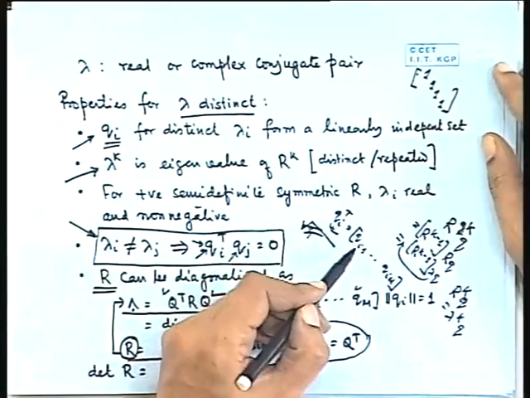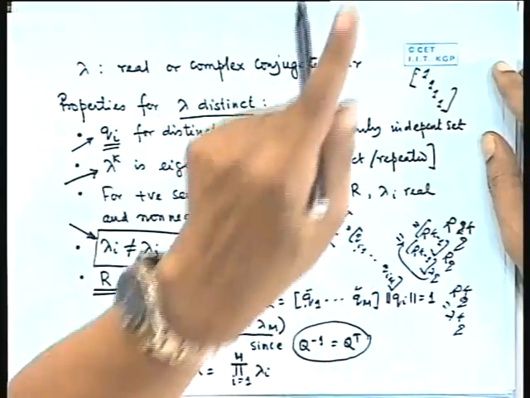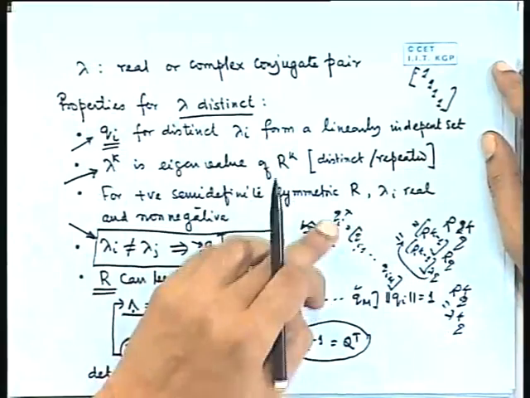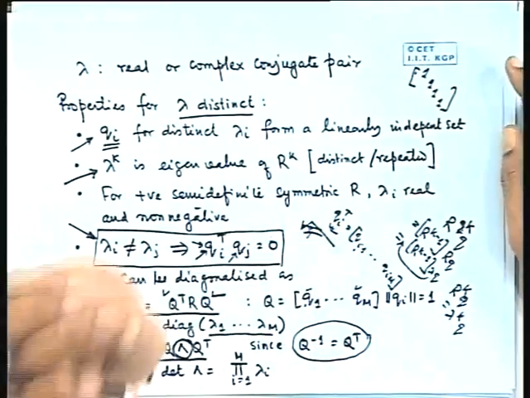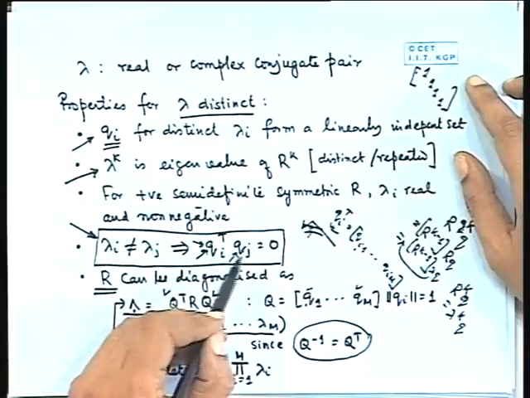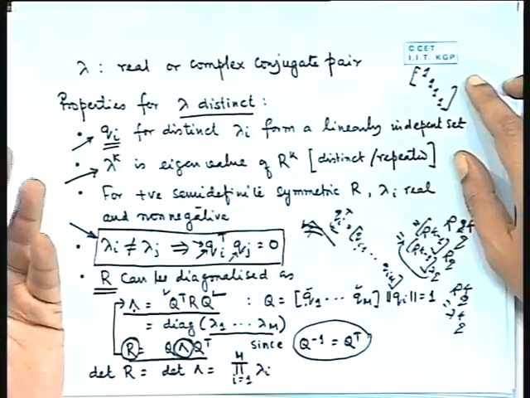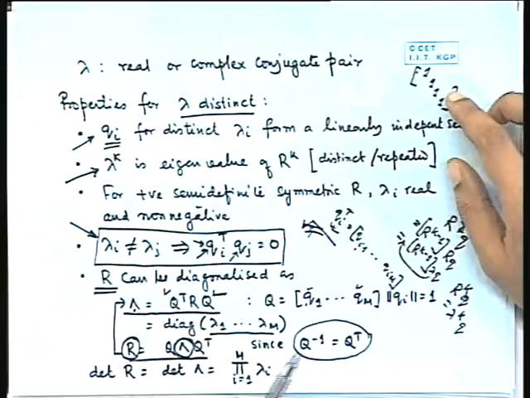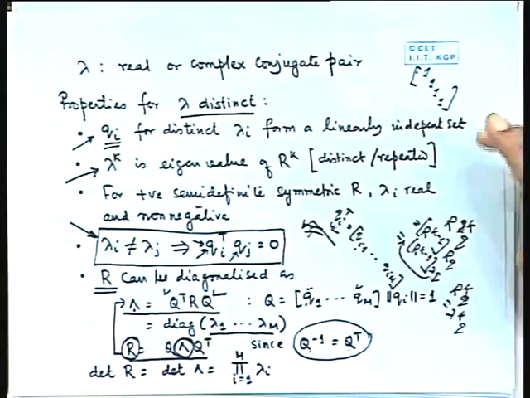Just see what the length of a vector is: root over x1 square plus x2 square plus x3 square. So if you choose the length to be 1, then all the qi transpose qi terms will give you 1, so it will be an identity matrix. Therefore q inverse will be equal to q transpose.